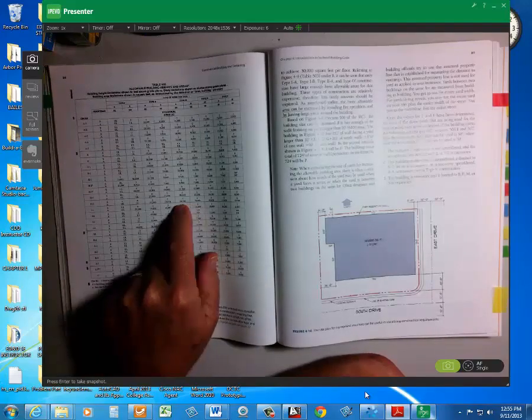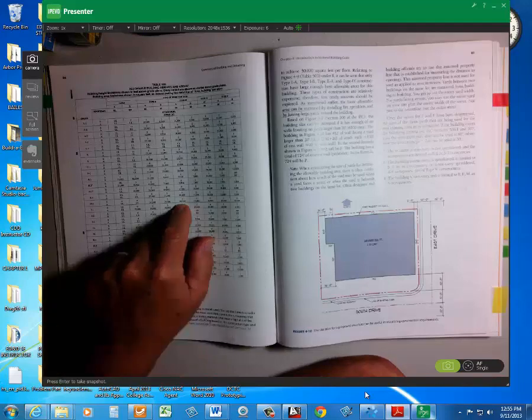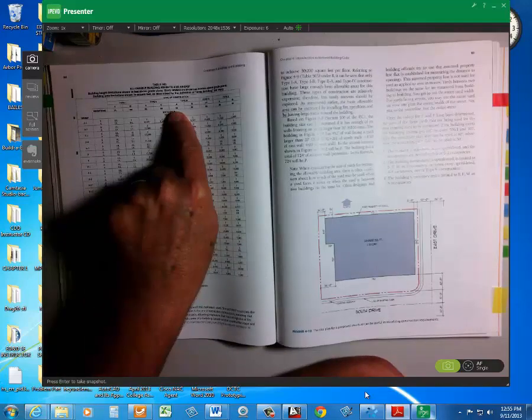That's above the allowable area. So I can have a 3-story building that's a type 3, group H-4, and the allowable area per floor is 28,500. Okay. Then the height above grade plane, 65 feet.